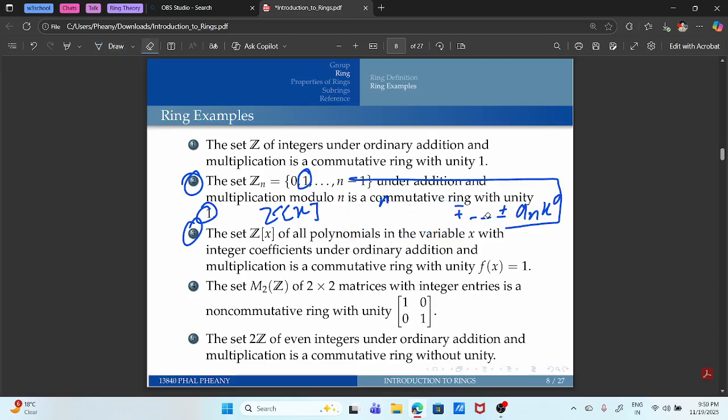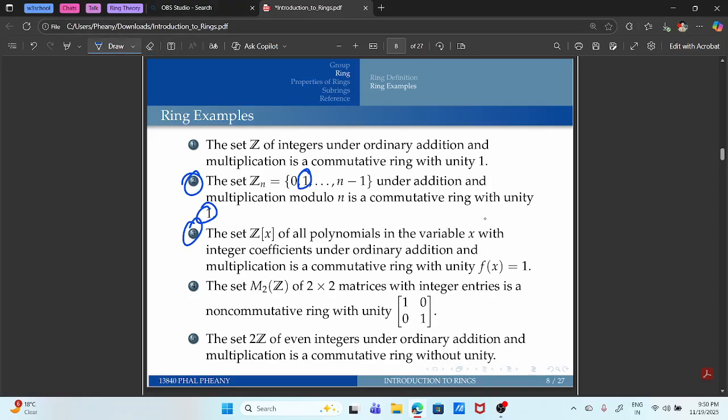Now Z[x] is the set of polynomials with variable x and integer coefficients, because each coefficient belongs to Z. Every coefficient is always an integer, and this is also under ordinary addition and multiplication.